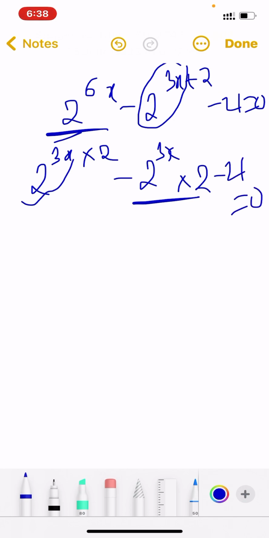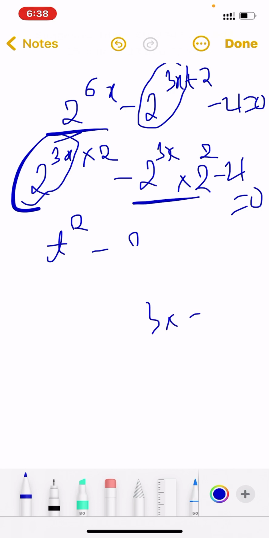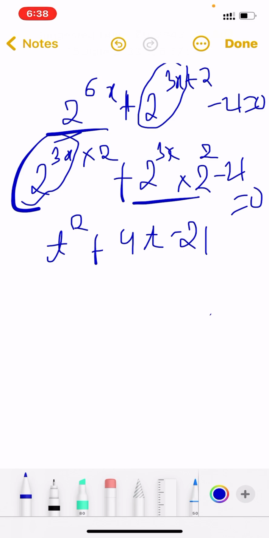Now suppose 2 to the power 3x is t, so this is t square minus, when we split 3x plus 2 it will be written as 2 to the power 3x into 2 to the power 2, so this will be 4. So this will be 2 to the power 2 is 4, minus 4t minus 21. There is a plus over here, my bad, this is a plus, equals 0.